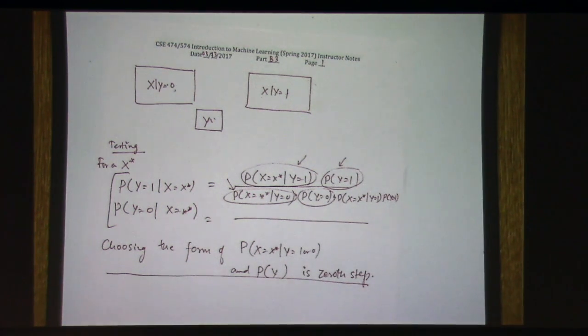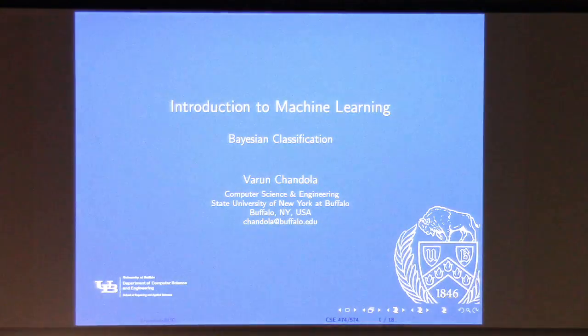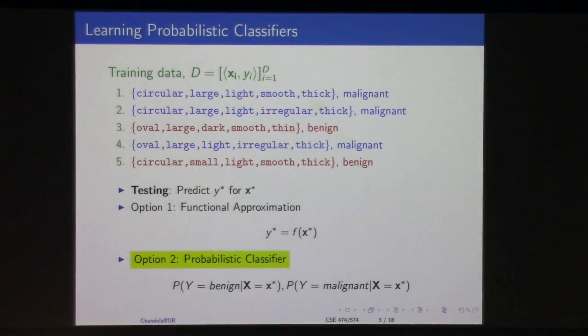So now let's look at a specific instantiation of the problem for us. Let's say this is our problem. This is the same problem we have looked at many weeks ago, where our data is represented using 5 features. Each one of them is binary. So the first feature is either circular or oval, second is large or small, and so on.